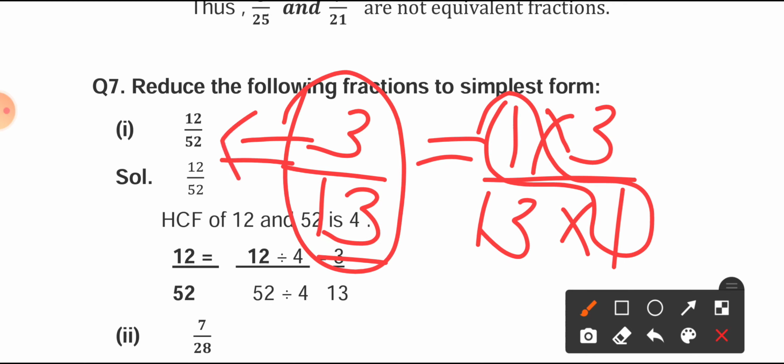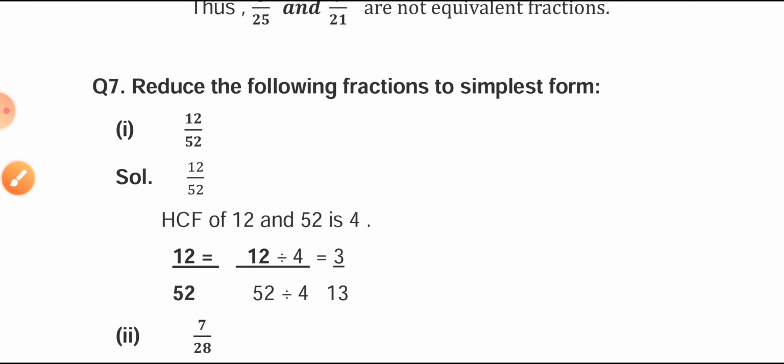It means 3 by 13 is the last stage, where we cannot divide 3 and 13 by any number other than 1. So simplest form means the HCF of both numerator and denominator is 1.